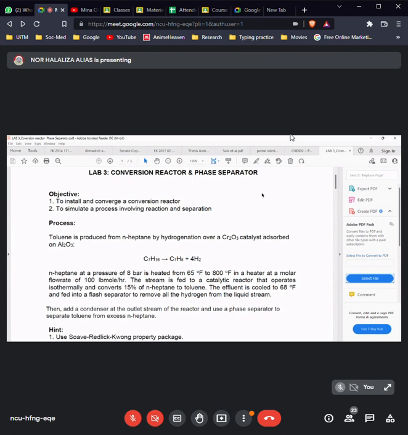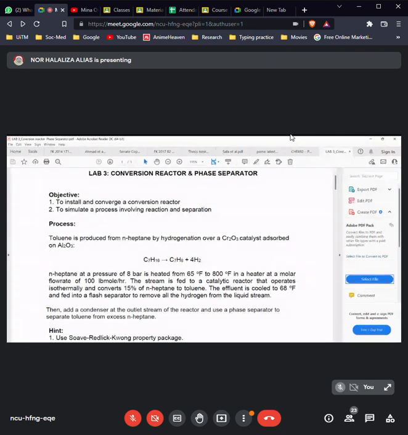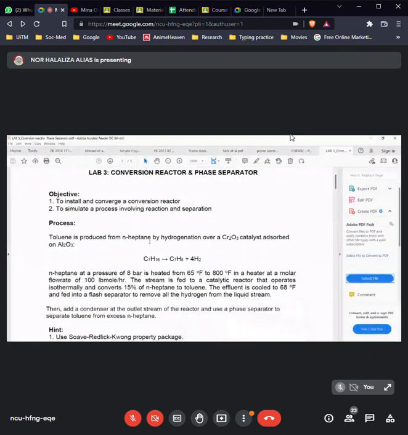But since we have reactor, we will have to go to the reactor setting first. Then only we can go to the simulation part. Okay, let's start with this. Untuk soalan ni, you boleh refer kepada Moodle dalam week 4. Sambil tu saya share screen.